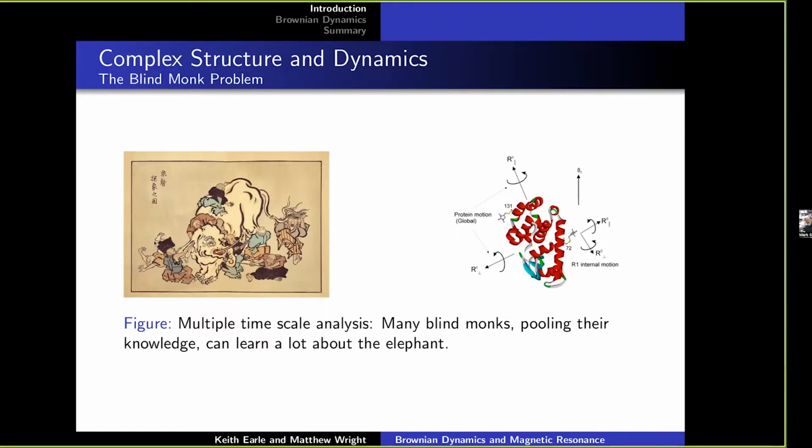They are sensing motions that are not directly correlated with the elephant and can't contribute much to the discussion. And so we need to develop a level of description that's appropriate for understanding what's going on with the modes that are of interest.